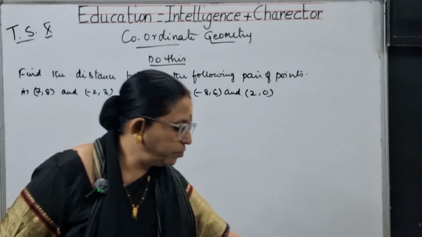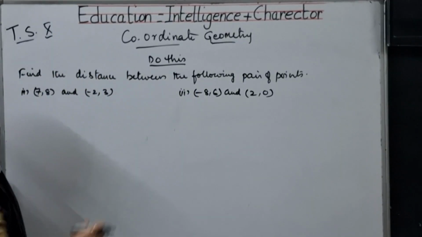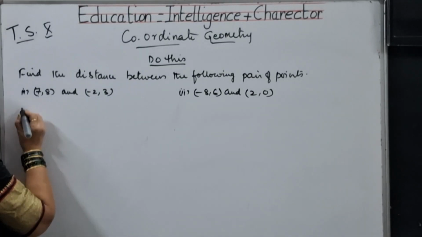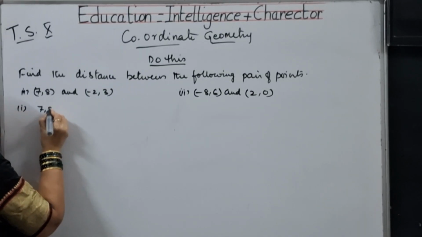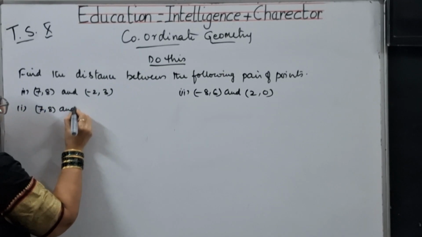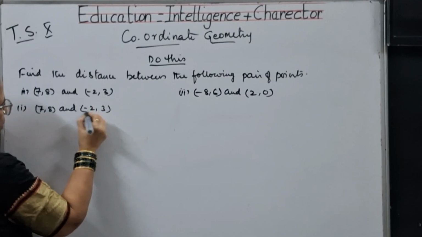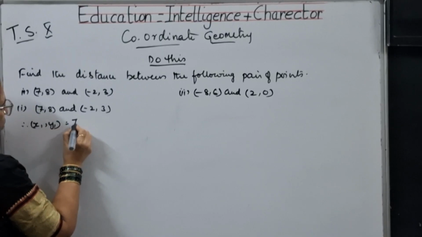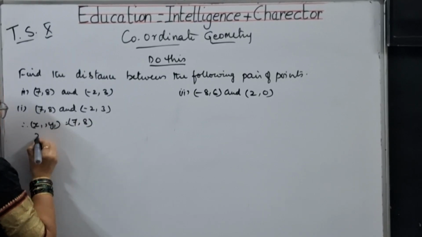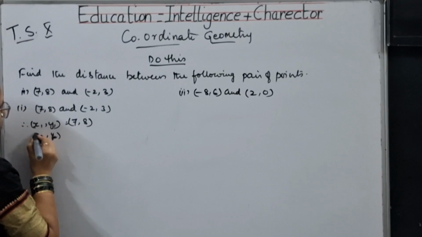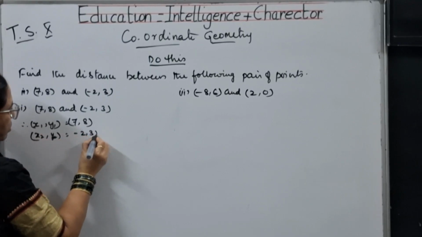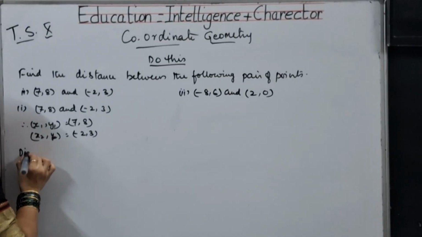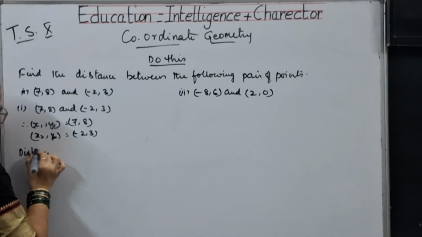Now do these sums, children. Find the distance between the following pairs of points. So, first problem is (7, 8) and (minus 2, 3). That means x1, y1 is equal to (7, 8). x2, y2 is equal to (minus 2, 3). So now we want the distance. What is the distance formula?